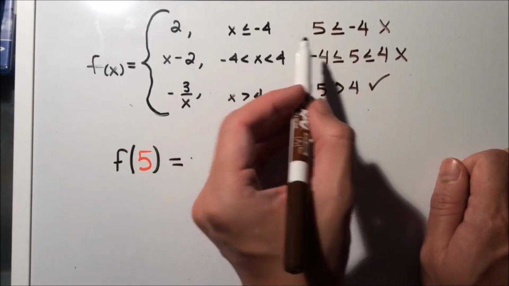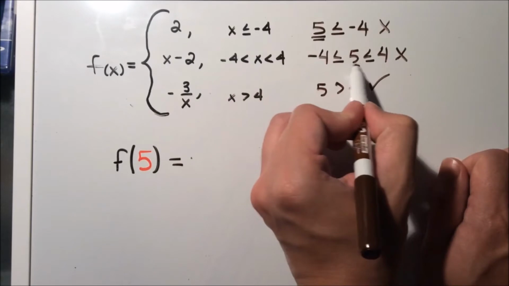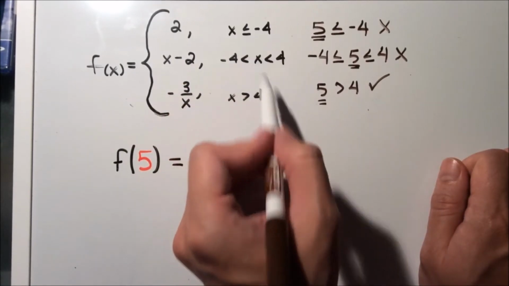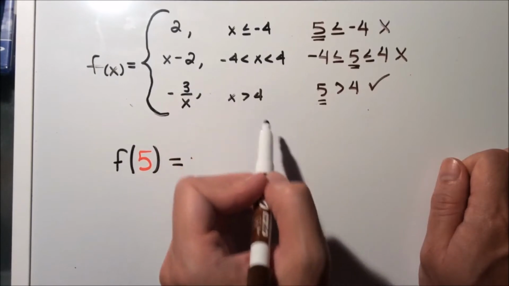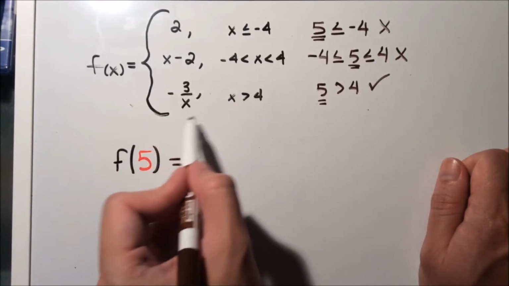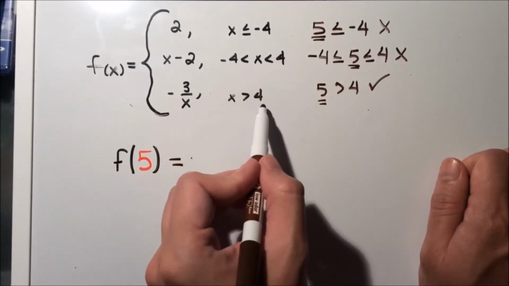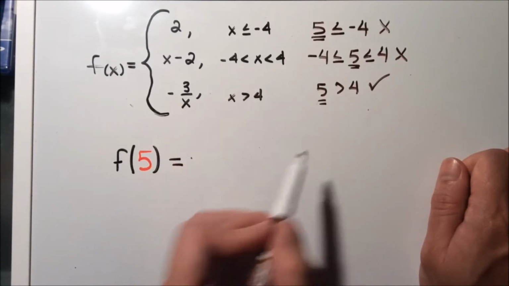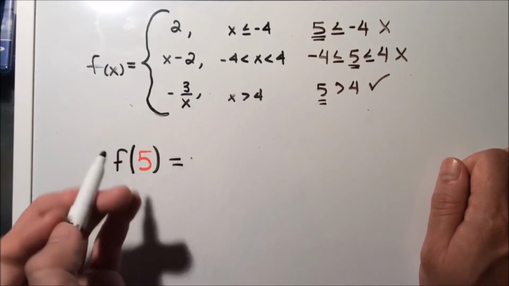Again, all I did was plug 5 into each x to check the parameters, to see which one is correct or which one we can use. In this case, we can use the third function because 5 greater than 4 is true.